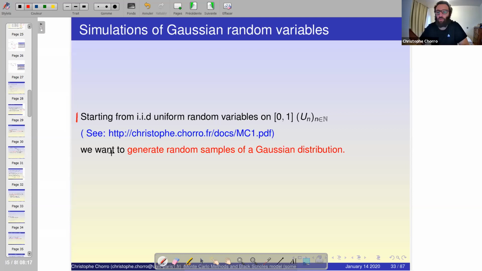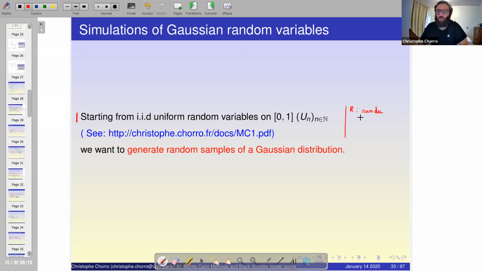In general, when you use software, you have some command that allows you to do this. Typically, if you use the software R, for example, you have a command that is runif, that is random uniform.